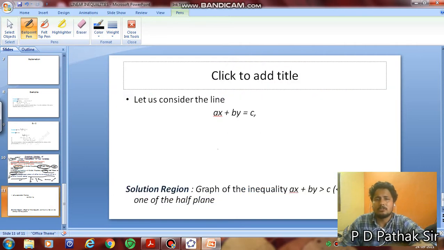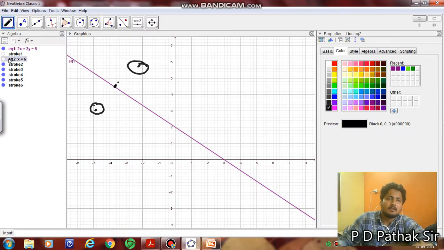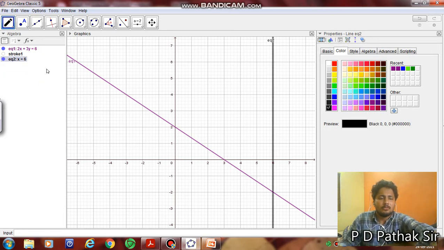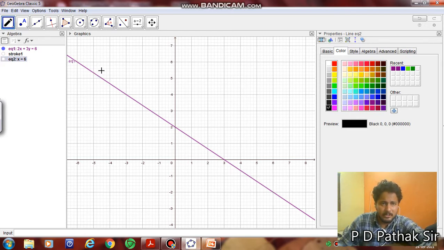Now come on the third concept, that what is the graphical representation of linear inequality in two variables. As you have seen, the graphical representation of linear equation in two variables is a line.